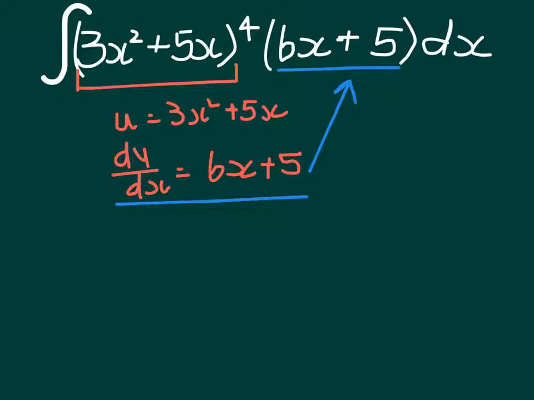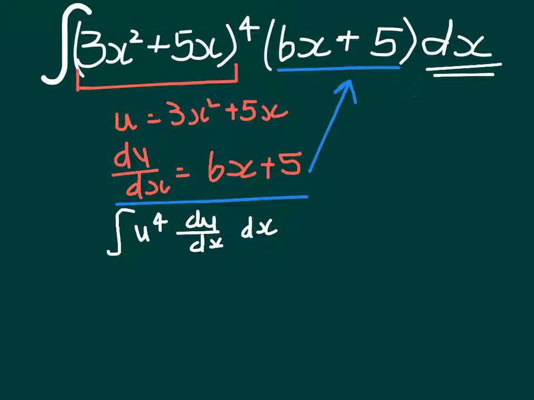So let's take what we have now and put it back into our original integral. So we have the integral of u to the power 4 du dx dx, because we still had that original dx from there.